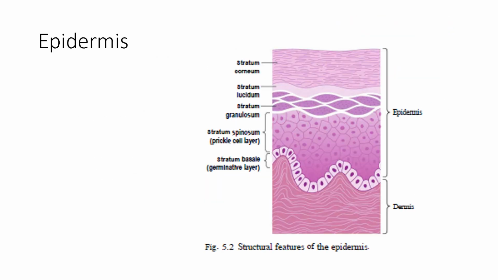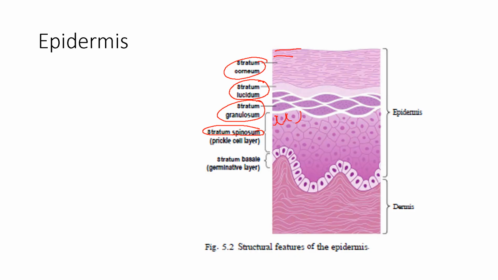The topmost layer is known as the stratum corneum. Below the stratum corneum, you have a layer known as the stratum lucidum, then the stratum granulosum. Then below the granulosum, you have a thick layer of polygonal cells known as the stratum spinosum, because the cells have spine-like projections.